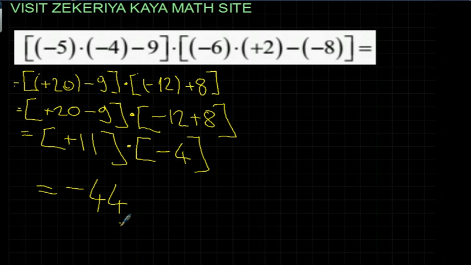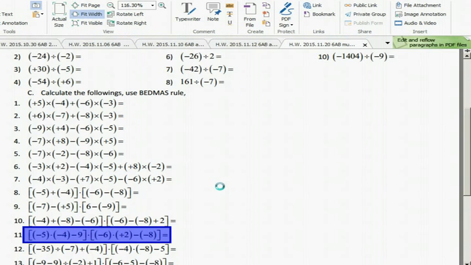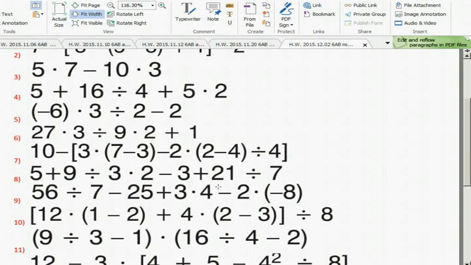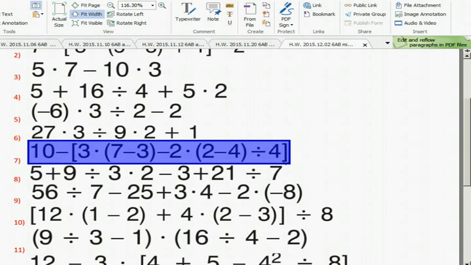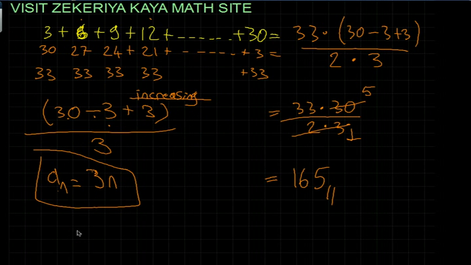Let's choose another question from the last homework. This one is a lot more complex. Let's clean them.